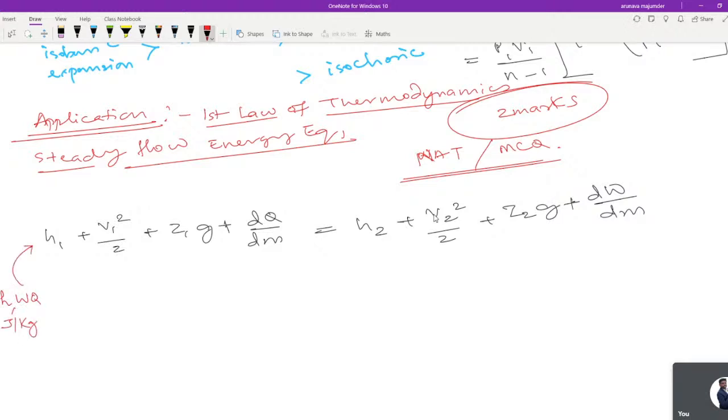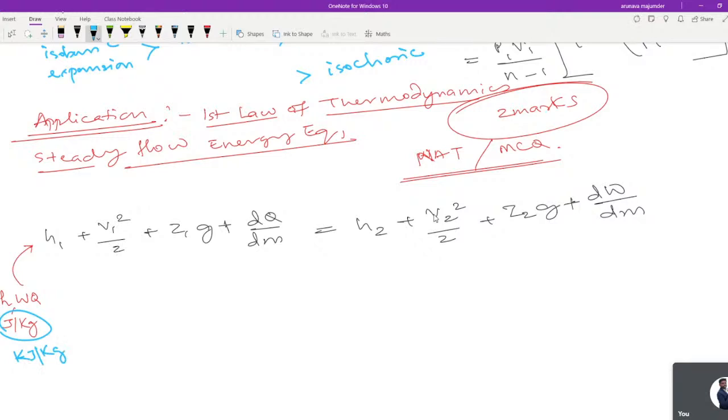Then use this formula. If it is in joule per kg, use this formula. If it is in kilojoule per kg, then obviously you have to change the unit. What is the difference you have to make?